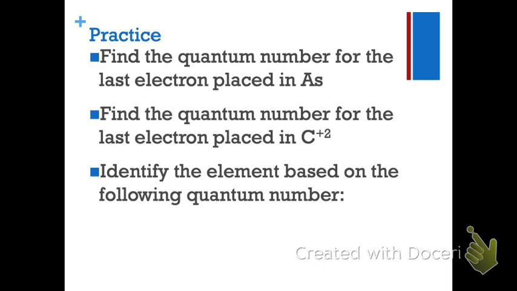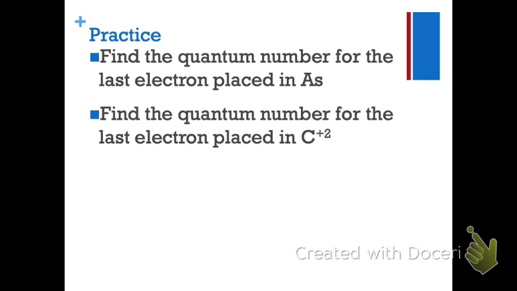Find the quantum number for the last electron placed in carbon plus 2. Do you see a little wrinkle in things here? Carbon plus 2. Let's think about what has to change there. Does carbon have 2 extra electrons or 2 less electrons? 2 less. Good. So instead of carbon being 2p2, it's really going to look like 2s2.